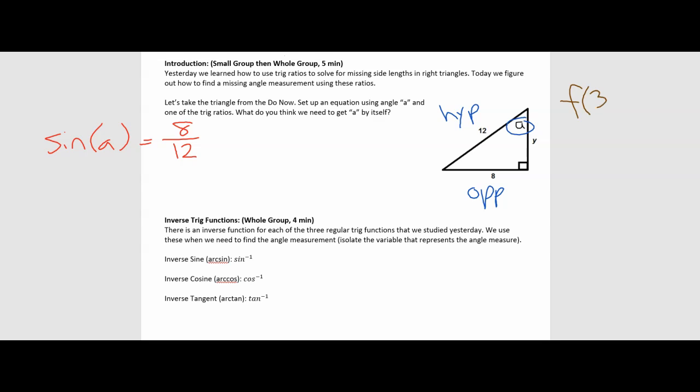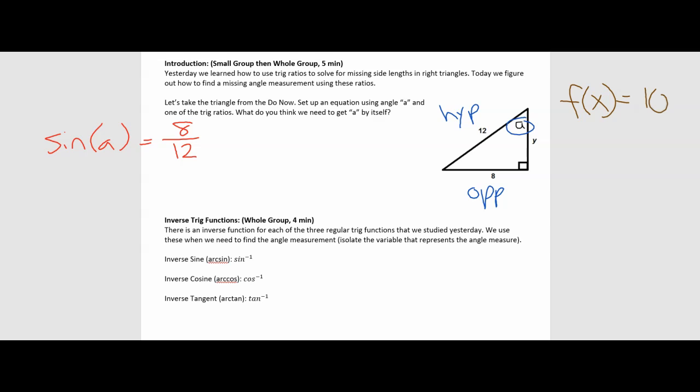So maybe f of x is equal to x plus 8. Or let's make this a little easier: f of x is equal to, we'll just say 10.